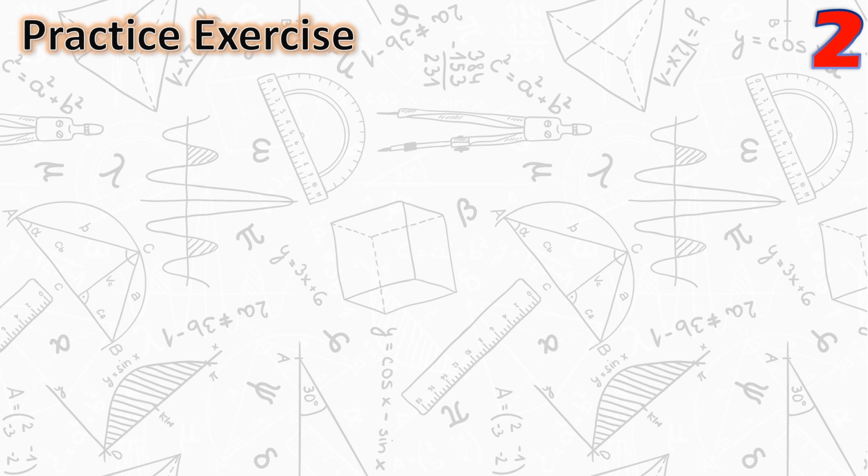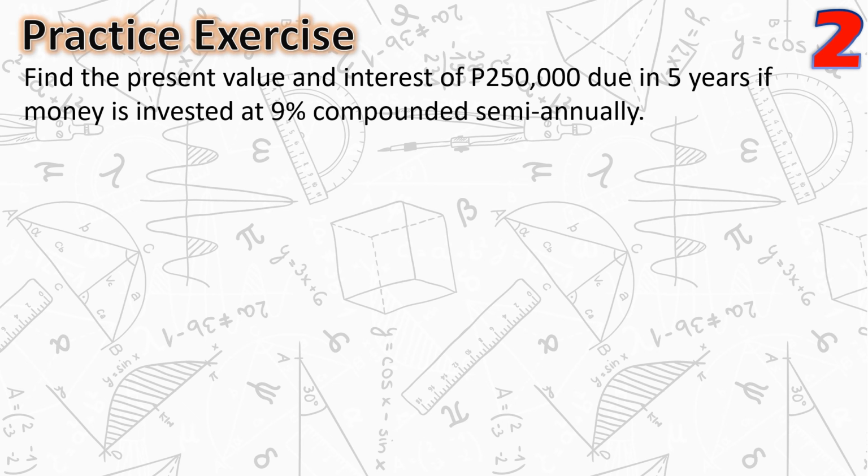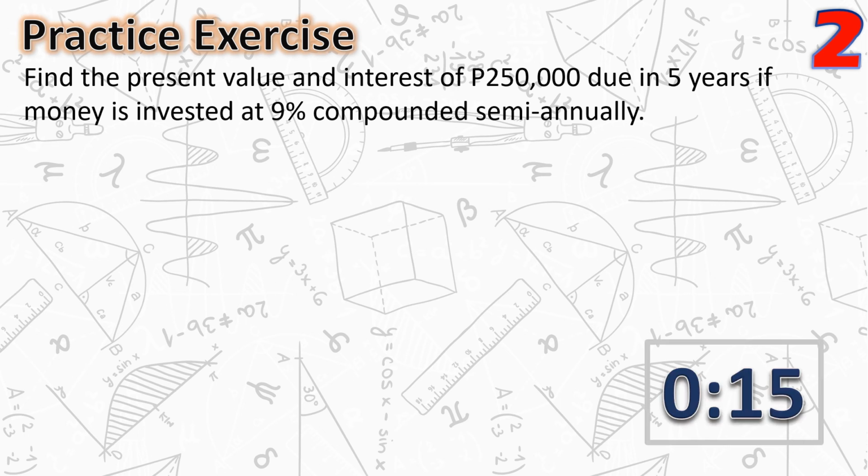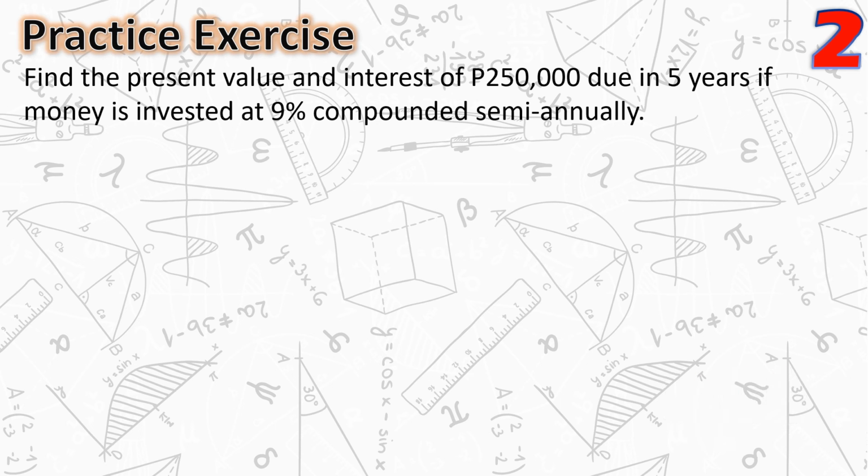Let us have practice exercise number 2. Find the present value and interest of 250,000 pesos due in 5 years if money is invested at 9% compounded semi-annually. Go. Time is up. Let us see the answer.